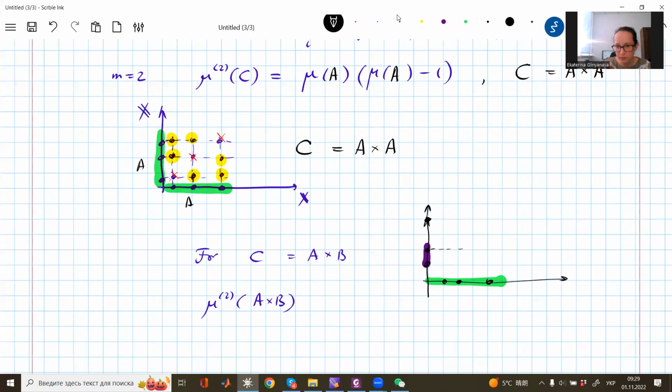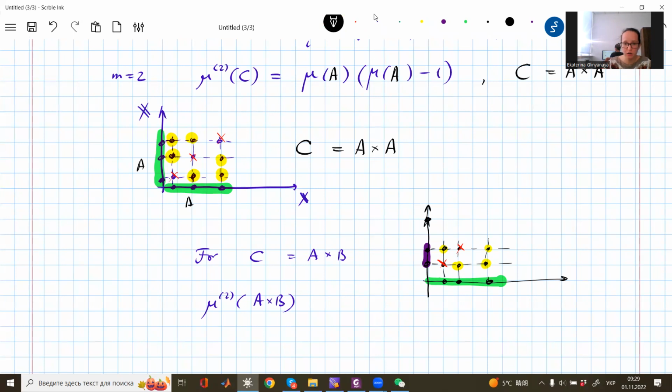So here, I will consider all points that are off diagonal. So this one, this, and this. And those that are on diagonal, I don't consider. So how we can count them?